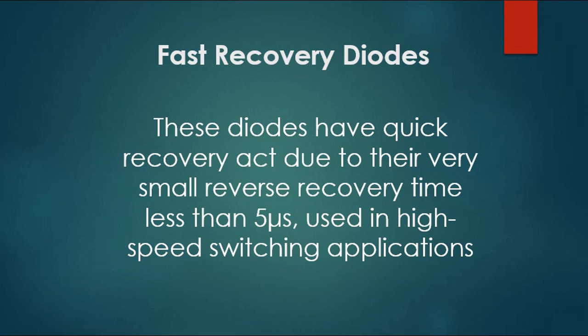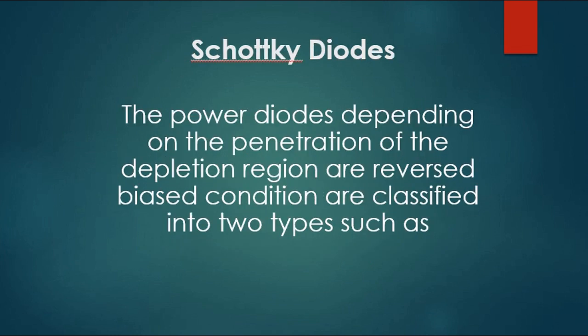They are used in high speed switching applications, depending on the kind of switch. It could be electrical, maybe changing power and so on. It could be anywhere, but they are used in high speed switching operations.